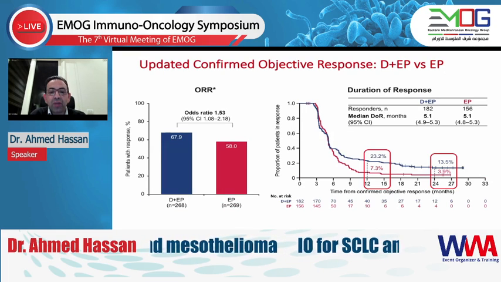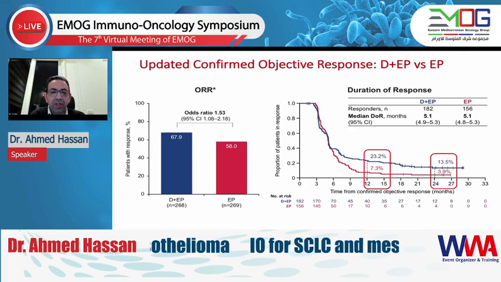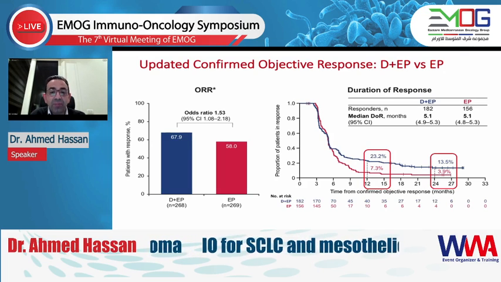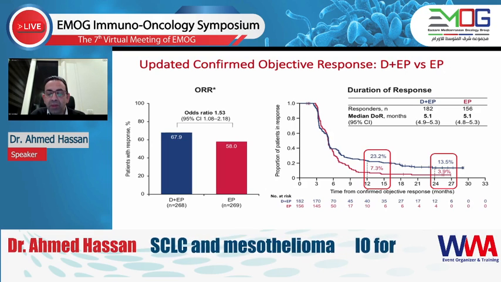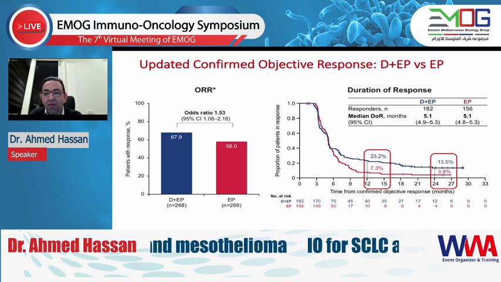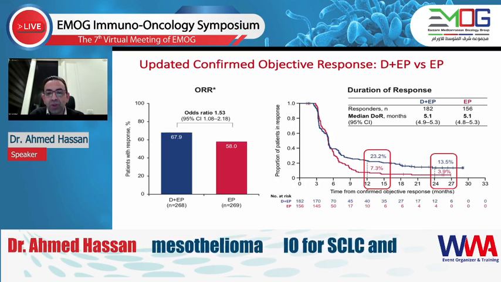Well, response rates in multiple clinical trials utilizing chemotherapy alone was around 60%. Adding durvalumab improved it by around 10%, reaching almost 70%. And as I just mentioned, those who respond beyond the median progression-free survival, that's the second half of the curve, were able to show maintained long-term responses.